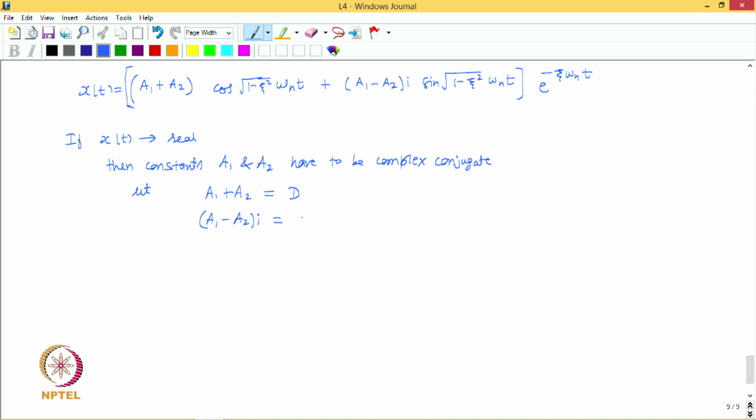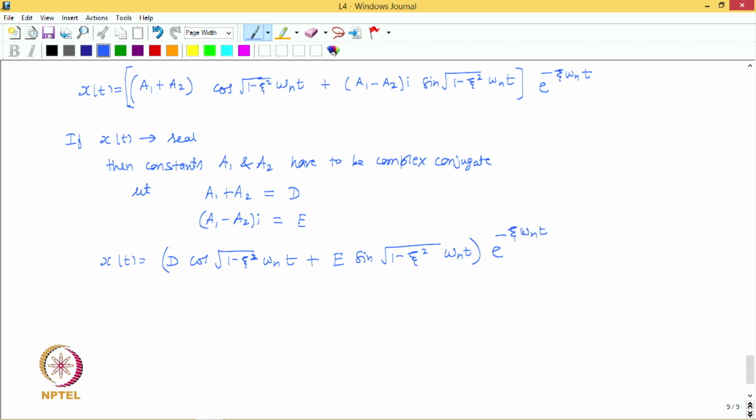Let us represent that by another constant E. If we do that, the general solution can be written as x of t equals D cos of square root of 1 minus zeta square omega n t plus E sin of square root of 1 minus zeta square omega n t, multiplied by e to the power minus zeta omega n t.